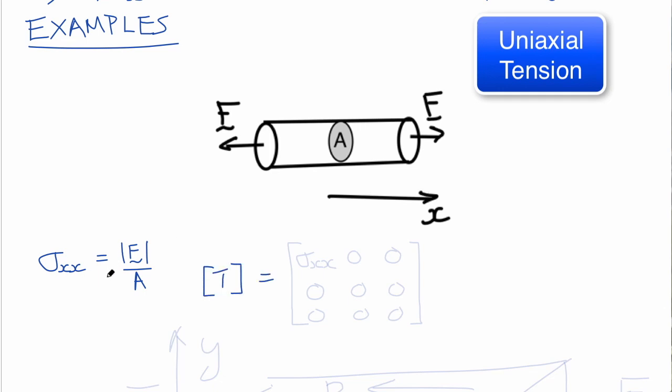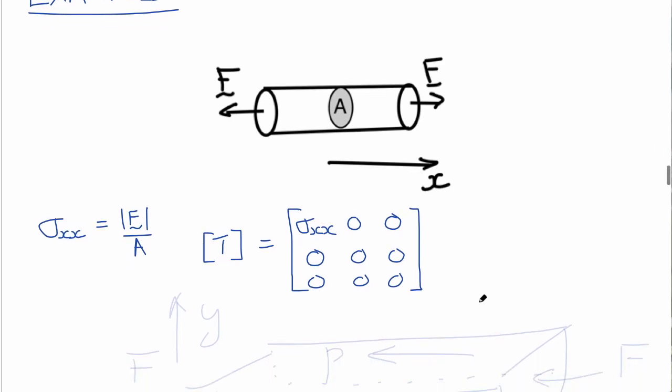Then sigma xx would be the magnitude of F divided by A, and the stress tensor T would be sigma xx, 0, 0, 0, 0, 0, 0, 0. That's the only non-zero component of the stress in this simple uniaxial condition, sigma xx. And it's positive because it's an outward tensile stress.